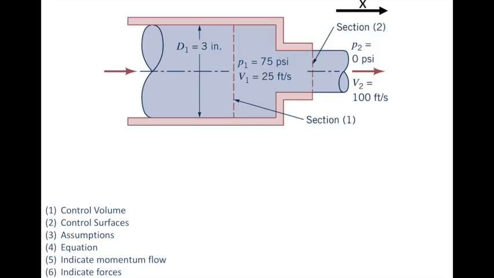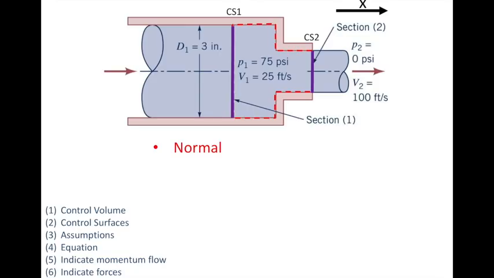All right, but let's go through our steps. First up, we want to draw our control volume. Pretty easy here because it was more or less indicated for us already. Now we want to indicate our control surfaces. I've got one upstream where flow enters my control volume and one downstream where it exits my control volume. Call those CS1 and CS2. Now that we've defined our control volume carefully, we can work through our assumptions.